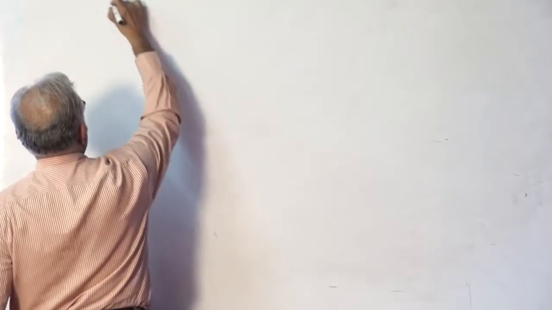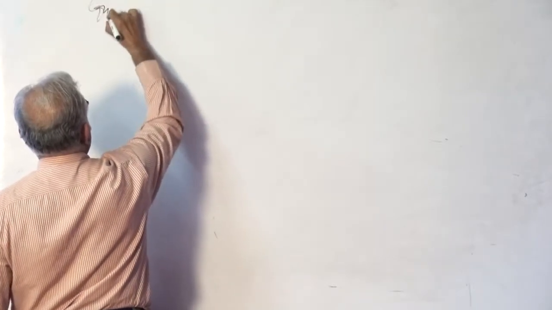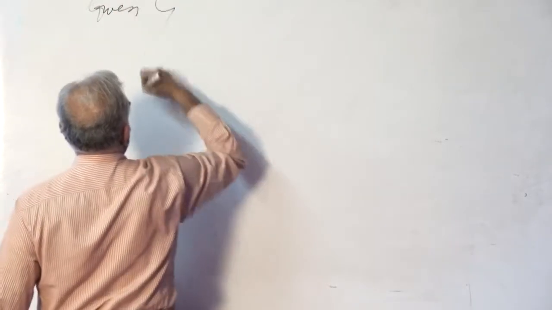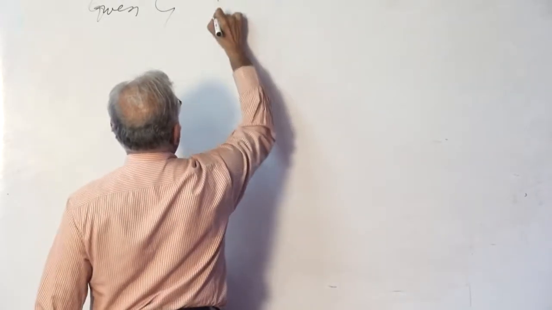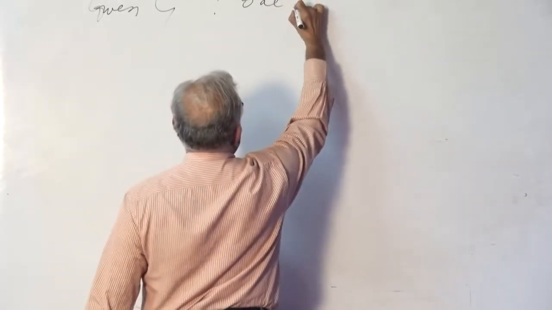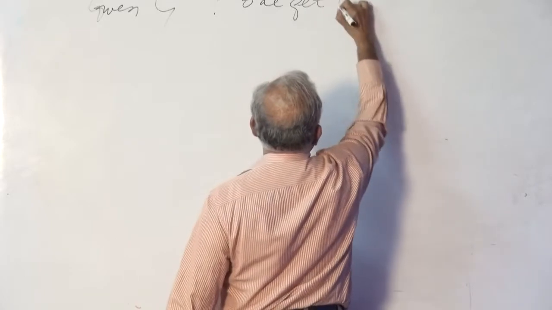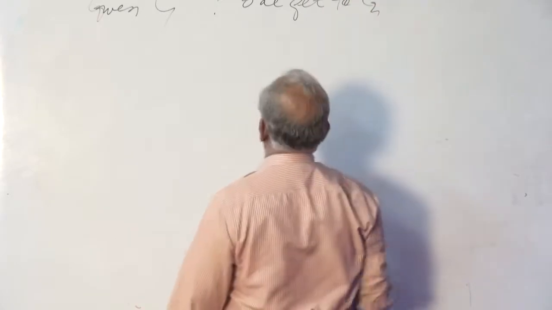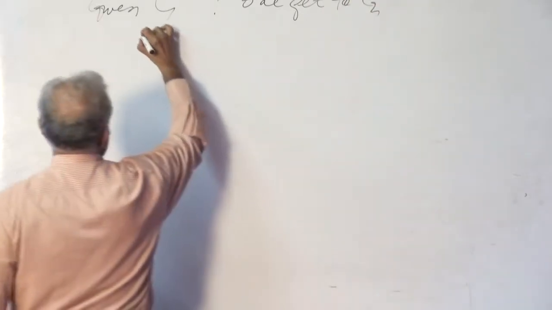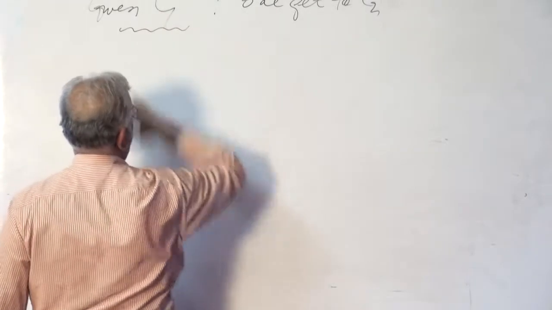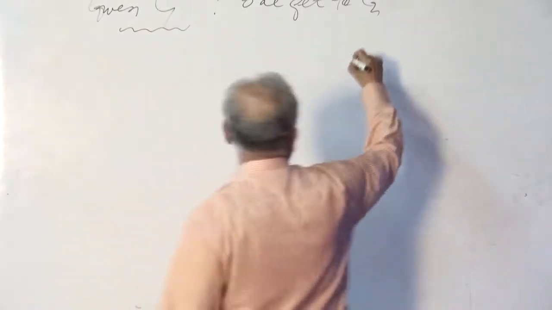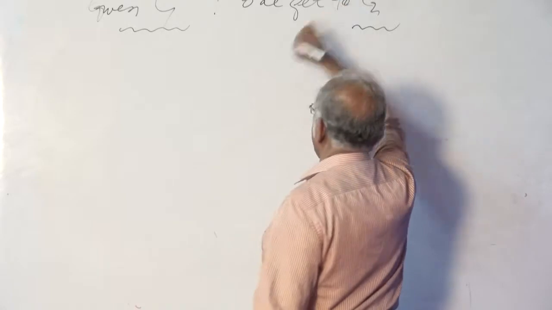So the problem breaks down to: given C1, how does one get to C2? In other words, this contains many members, this contains many members, infinite actually.